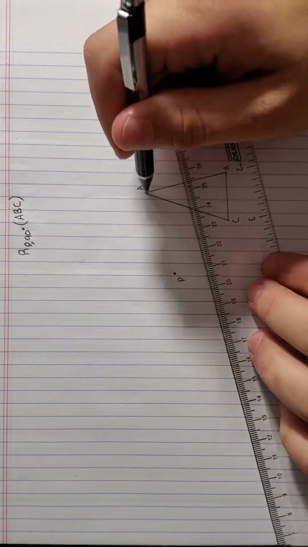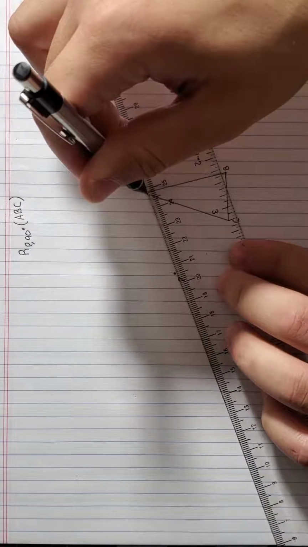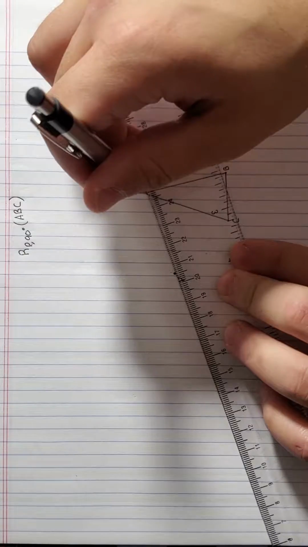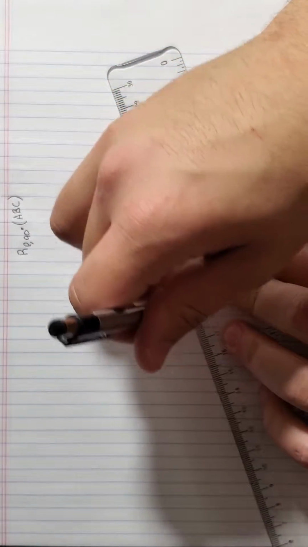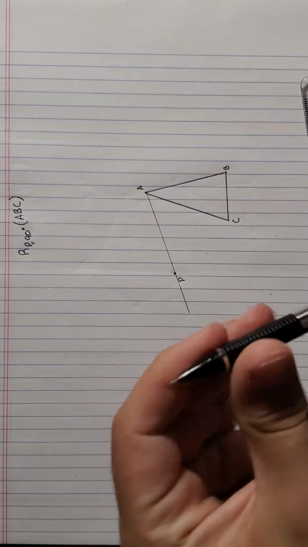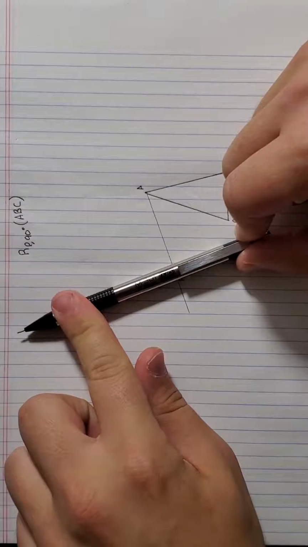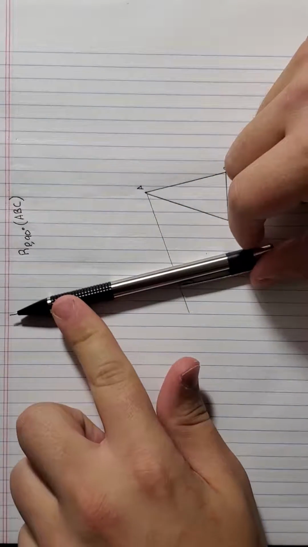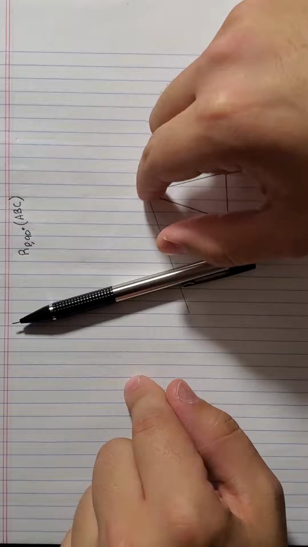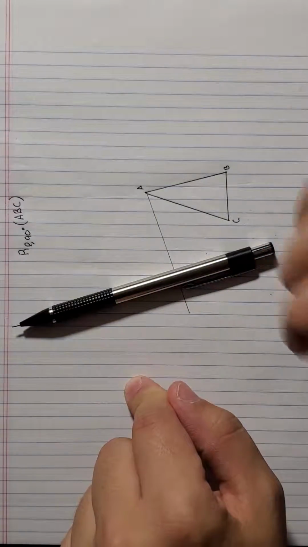I'm going to draw a line segment that goes from A through P, but this time I'm going to extend it a little bit past P. The reason is I want to create a line that is perpendicular to the one I just drew, so that I can take that point A and place it on that perpendicular line.